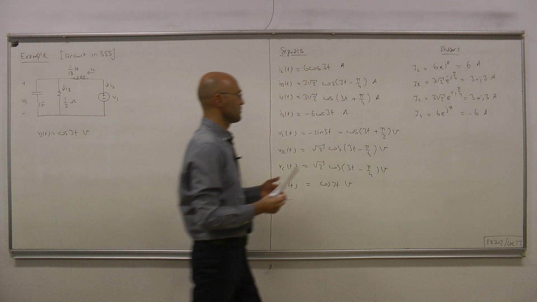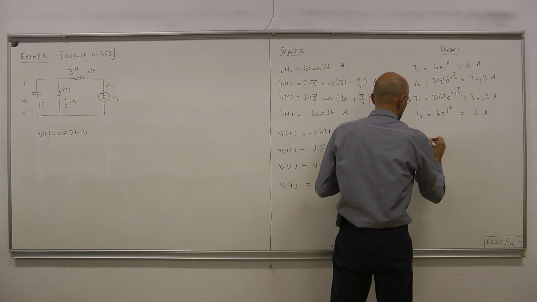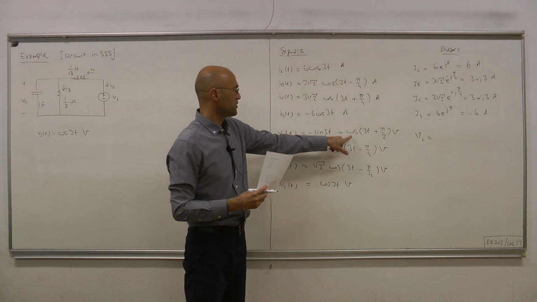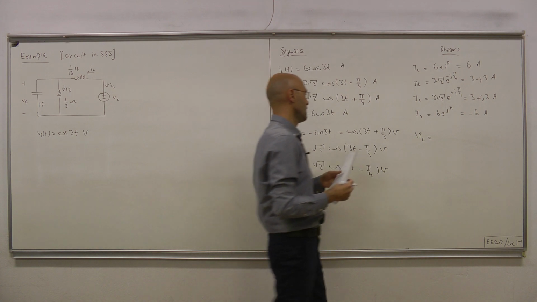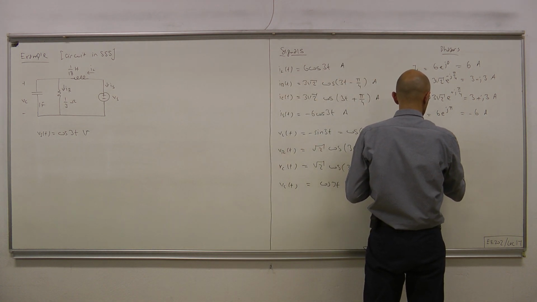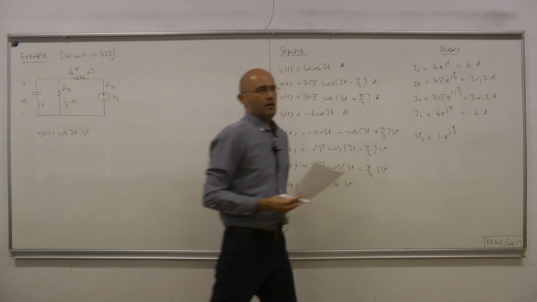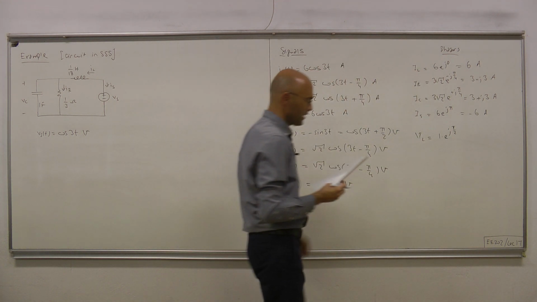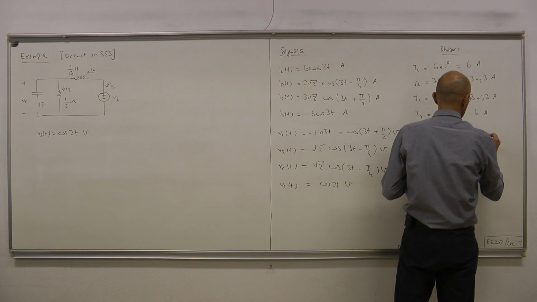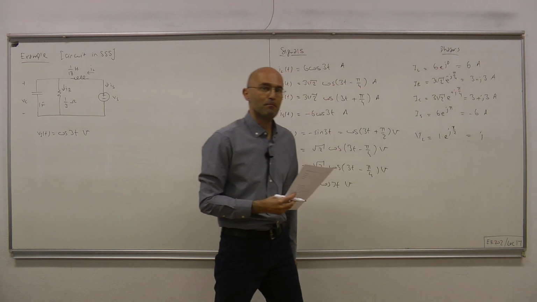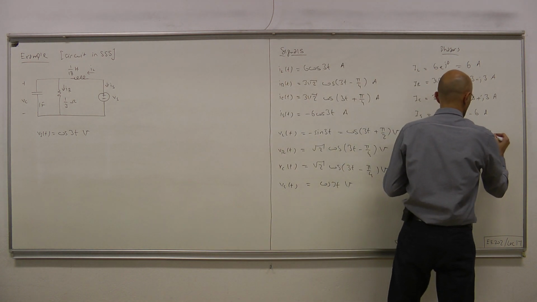How about the voltages? We have the following phasors. VL is cosine 3t plus pi over 2, therefore the magnitude is 1 and the phase is pi over 2, so this equals 0 plus j in rectangular form.